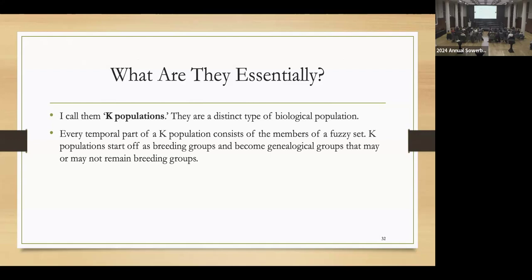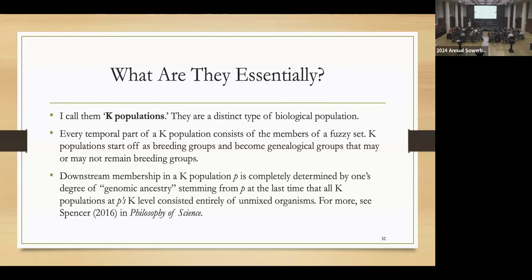If it's a long time since the group has evolved, then membership is just from your genealogical relationship to the group, but the population starts as a breeding group. It's a unique kind of biological population, a combination of breeding and genealogical. So this is just some more details about it here.